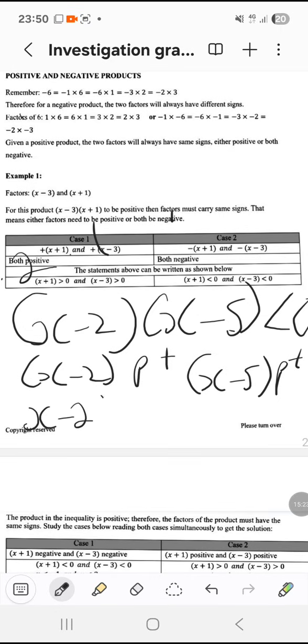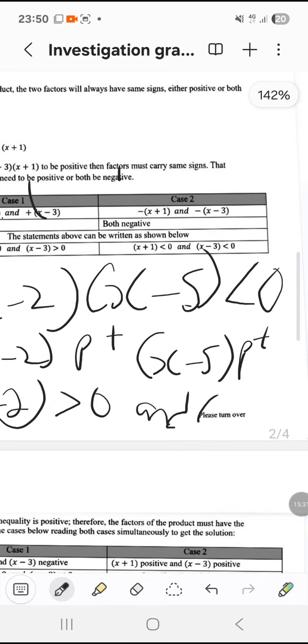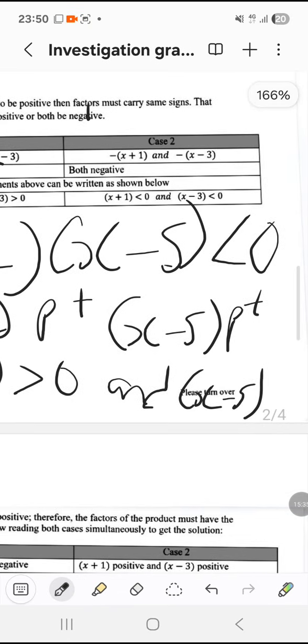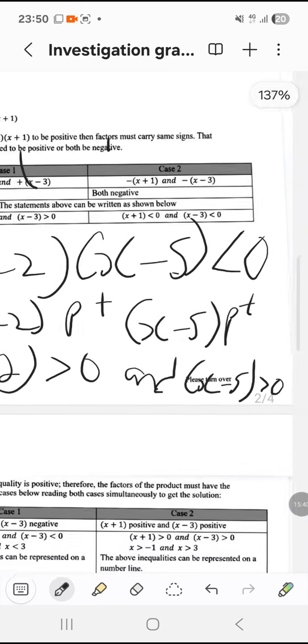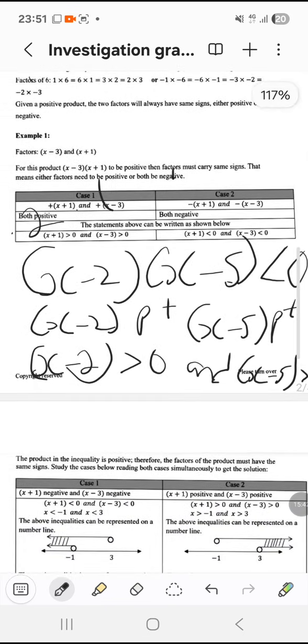So x minus 2, we're going to decide that is greater than 0. And also, of course, this one, x minus 5 is greater than 0, according to the example.